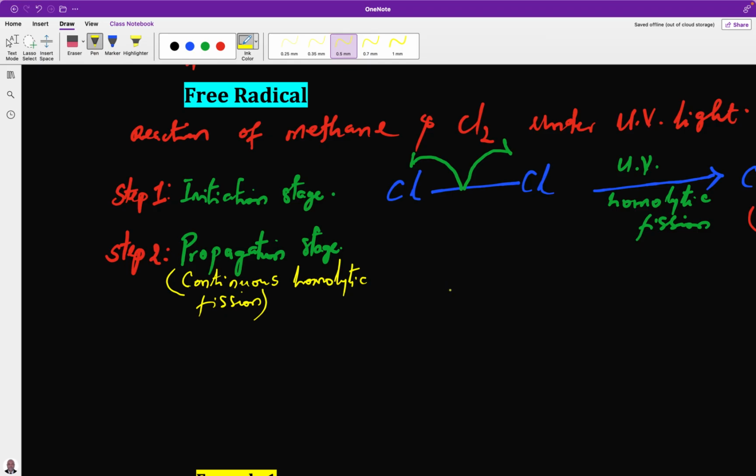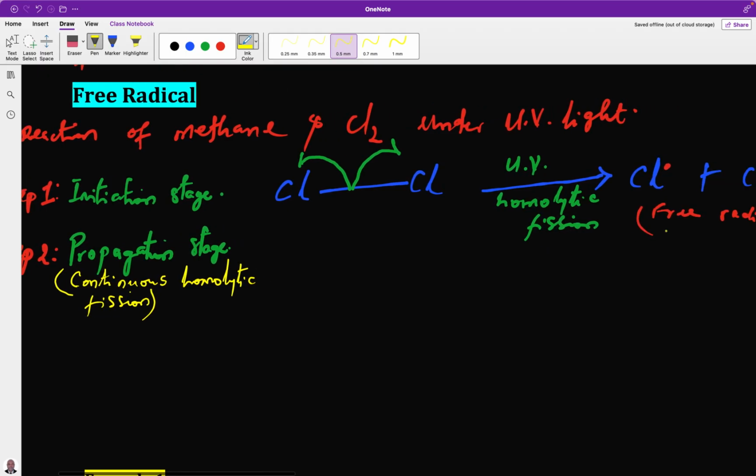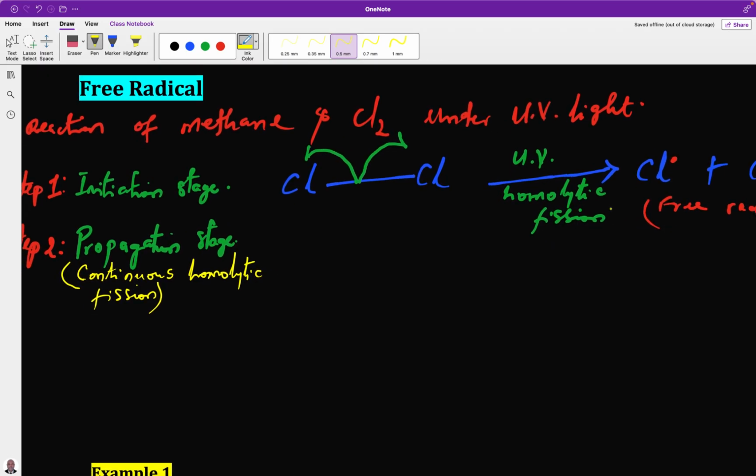The free radical that is formed here will react with the alkane. It is very reactive. It will now react with our example, which is methane. The free radical will now react with the alkane, which is methane for our example.